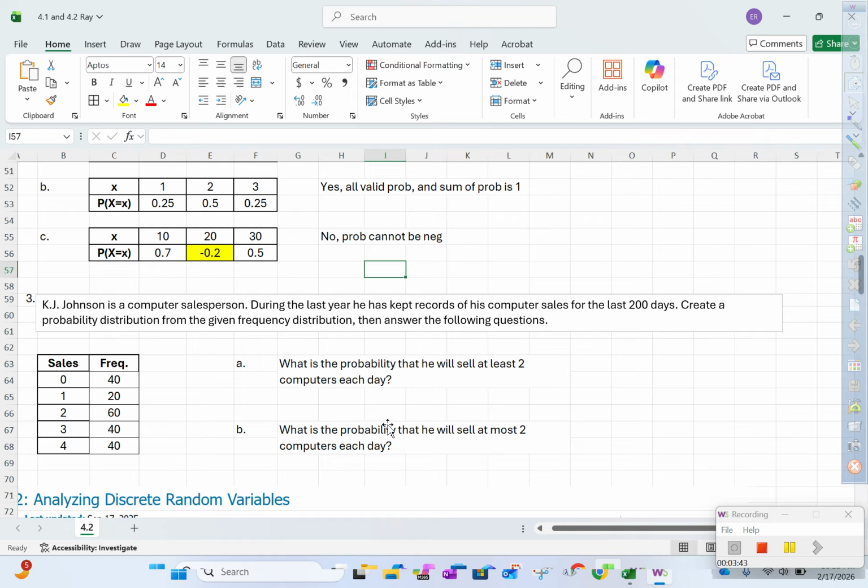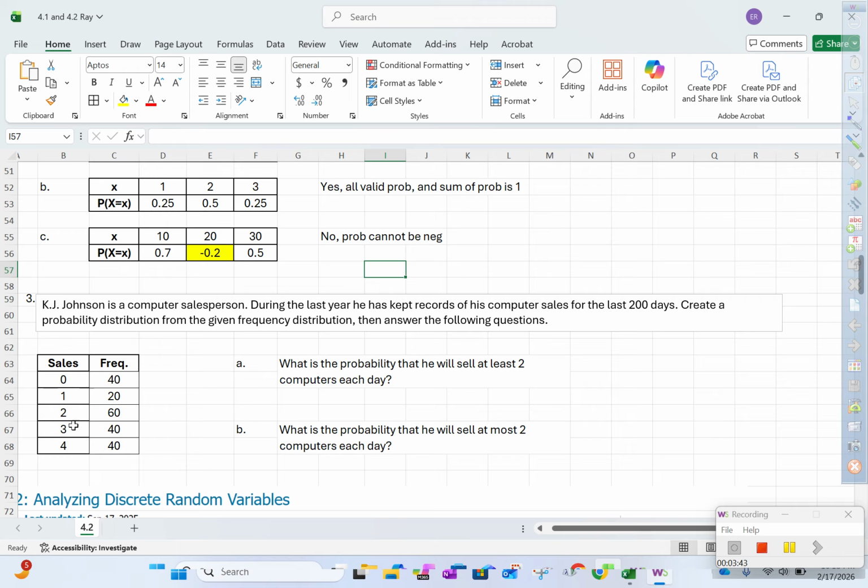On number 3, we've got KJ Johnson, a computer salesman. During the last year, he kept records of his computer sales for the last 200 days. We're supposed to create a probability distribution from the given frequency distribution and answer the following questions. So all of the probability we've done so far is a theoretical probability. It's the traditional calculation, the number we want over the total.